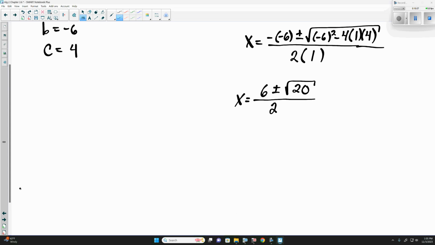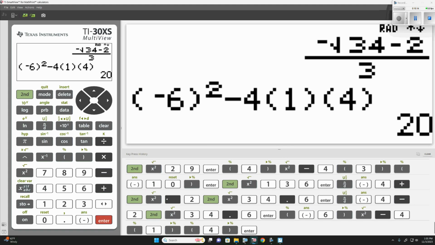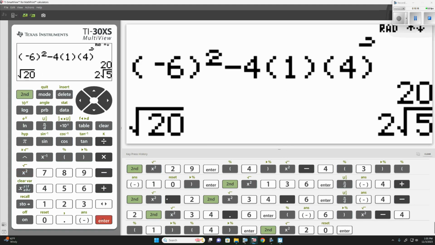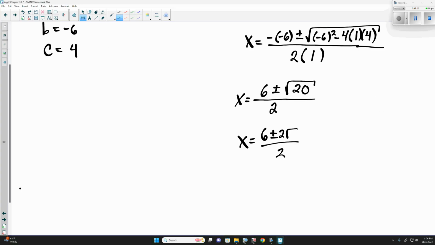Now we do need to see if we can take the square root of 20. The calculator will let us do this. Questions on how we got to this point here?